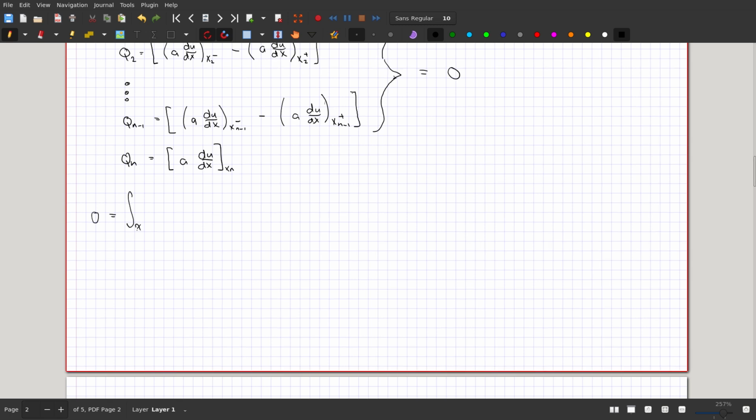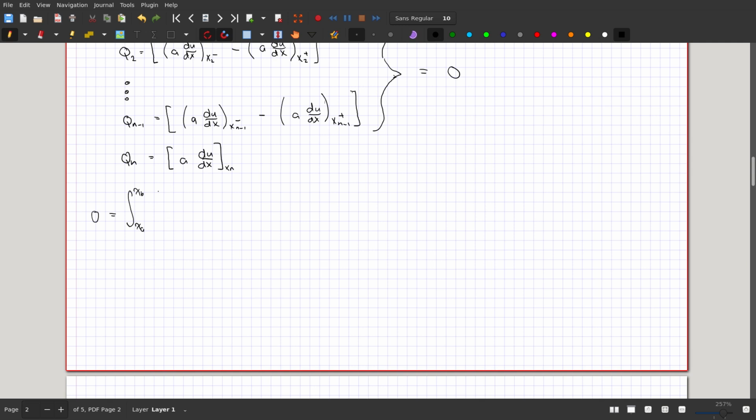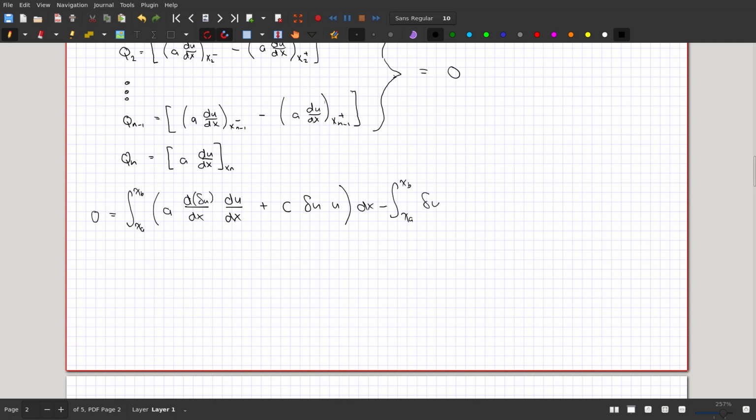going back to our model problem, and this time I'll go on the interval xa to xb, because that's how I defined the original model problem, from A to B. So there we have that.